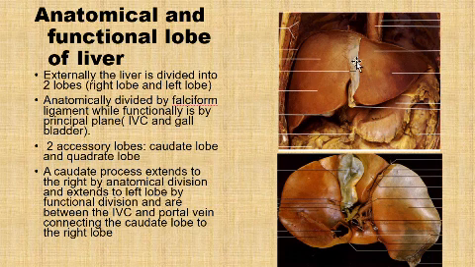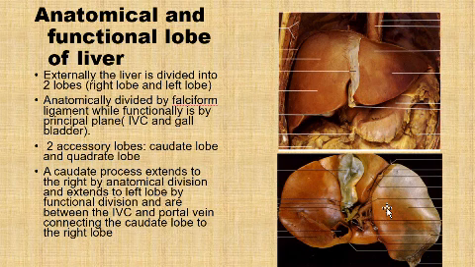Anatomically it is divided by the falciform ligament, this one, which also continues here as other ligaments, and you can divide it as right and left by the falciform ligament. Also functionally you can divide it by the inferior vena cava and the gallbladder, as right and left.